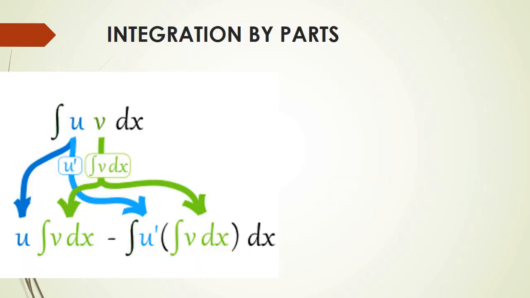Integration by parts means suppose we have two variables u and v, multiplied together, and we have to perform the integration of these two variables.